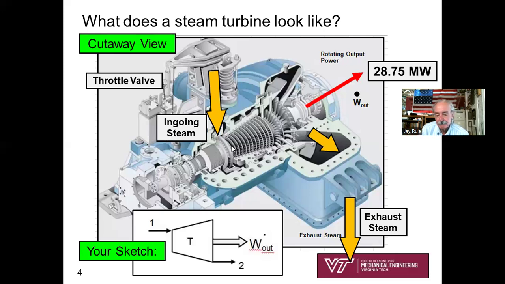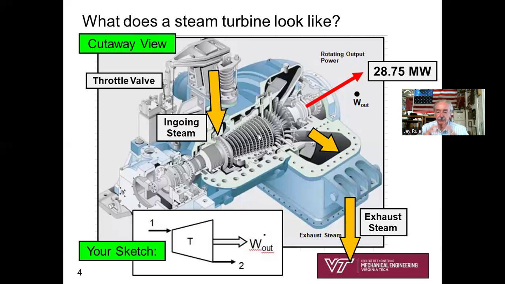And that steam is flowing across a set of rotating steam turbine blades, causing the whole shaft to rotate. As the steam passes through each steam turbine blade stage, it expands. So the pressure of the steam drops, the specific volume increases. In other words, the steam expands as it's doing work on those blades.